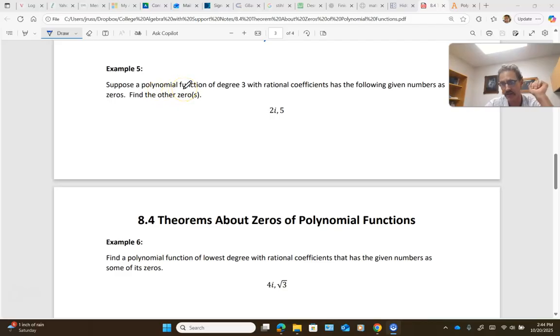Find the other zeros. Well, 5 is just an integer, but this zero right here, 2i, is non-real, so we know it's going to have a conjugate, and its conjugate will be negative 2i. And so now you can see we have a total of 3 zeros.